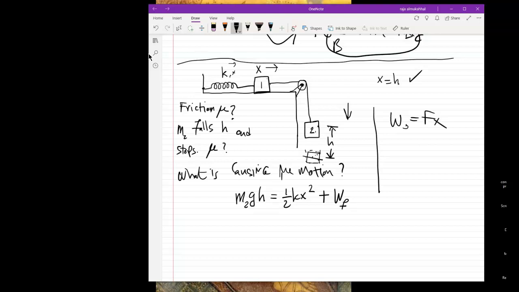Well, work done by the friction force is Fx, where F here is the friction force. So here I can rewrite it again like this. M2GH equals 1/2 kx squared plus F done by the friction force, x. X is basically the displacement, which is equal to the displacement of the spring.